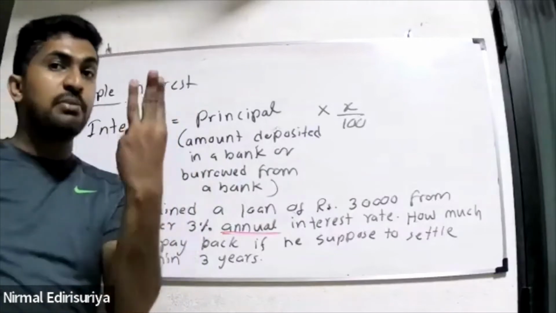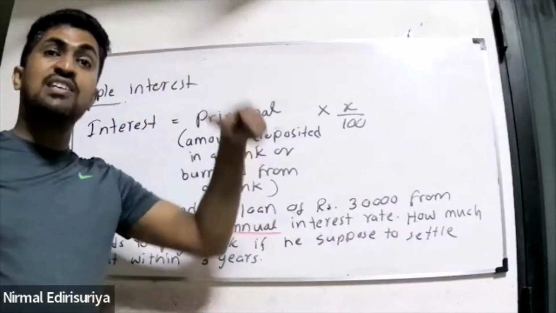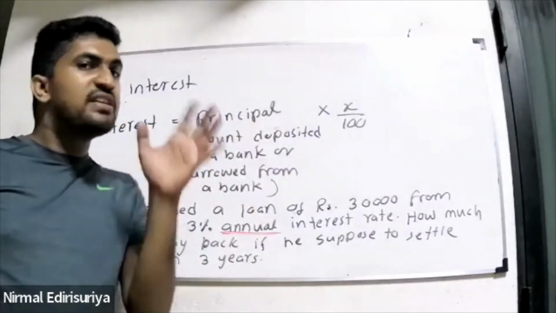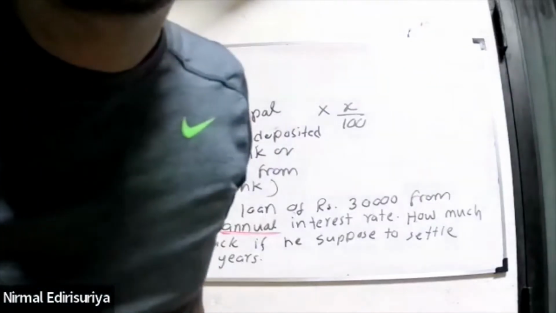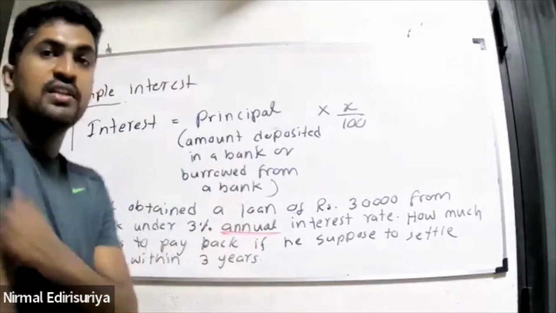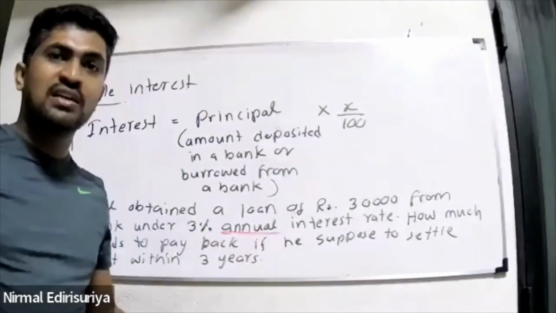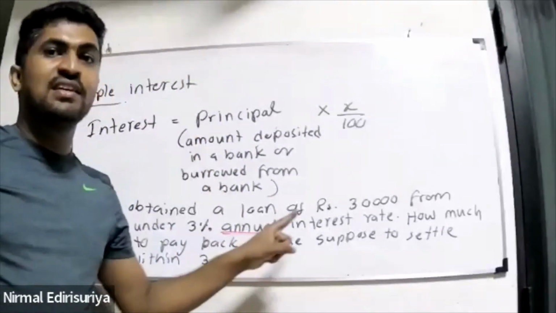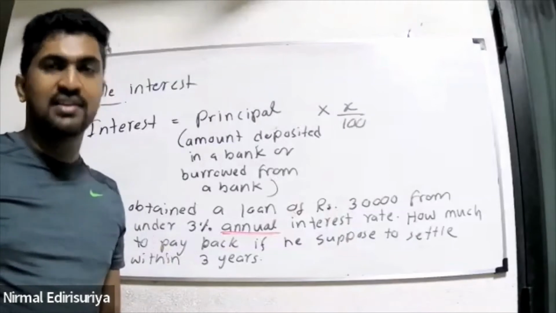Then you get the interest for 3 years. What is the total amount you have to pay back? Not only the interest. You have to pay back the total: 3 years' interest plus the 30,000 loan amount. Understood?